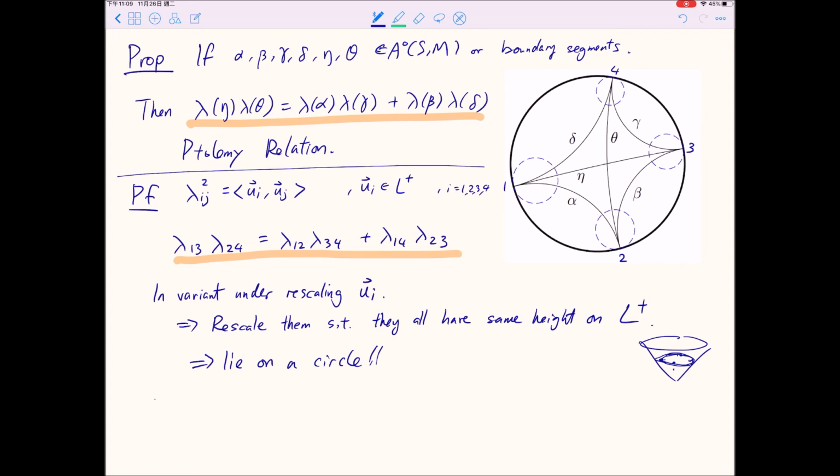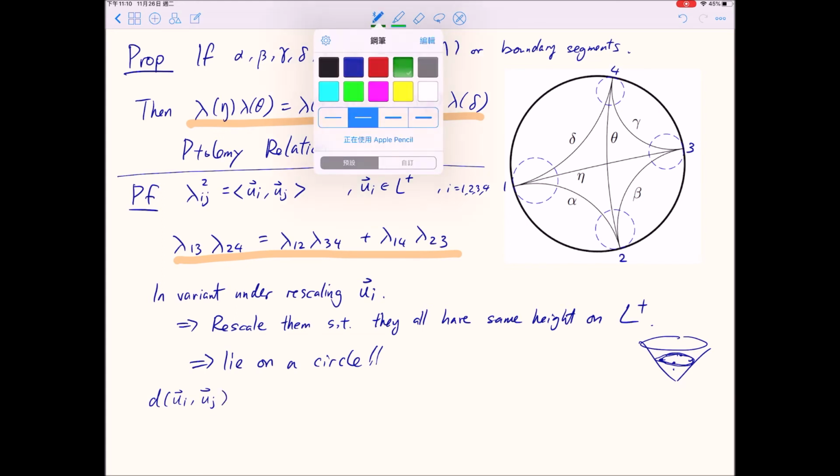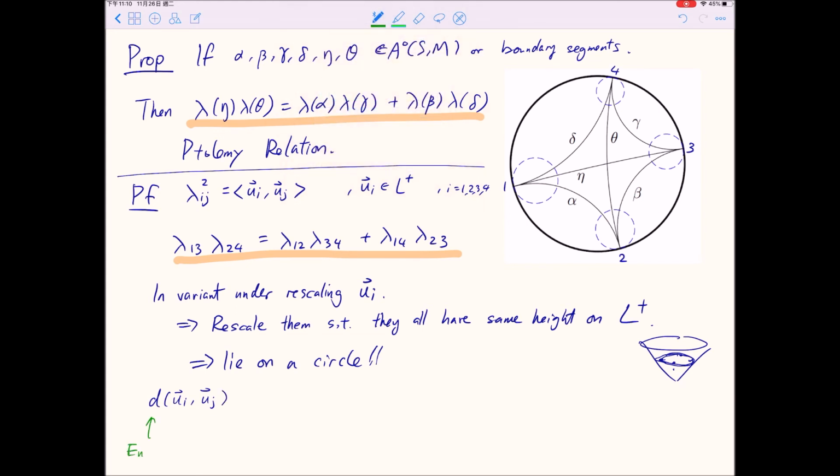Then we know that the Euclidean distance between them satisfies the Ptolemy relation. So this is the Euclidean distance between the rescaled vectors.